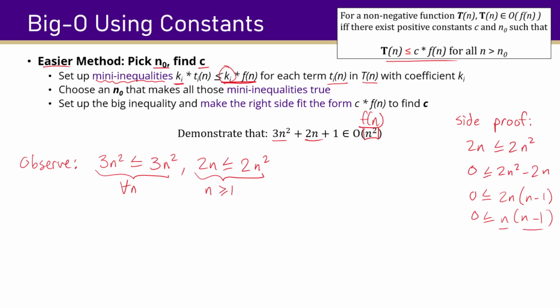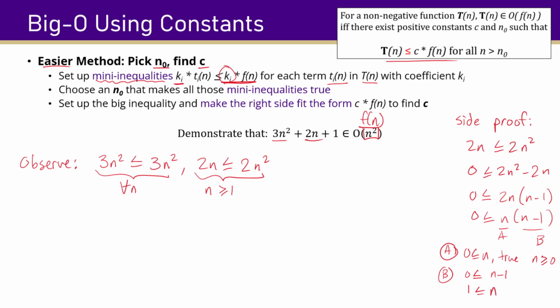And so again, we can prove these two individual sides. So when n is greater than or equal to 1, of course, n is going to be greater than 0. So that's our little a part. N is going to be greater than 0. That is true for n, of course, greater than or equal to 0. And then b, 0 is less than or equal to n minus 1.